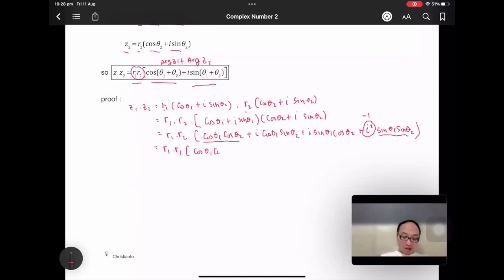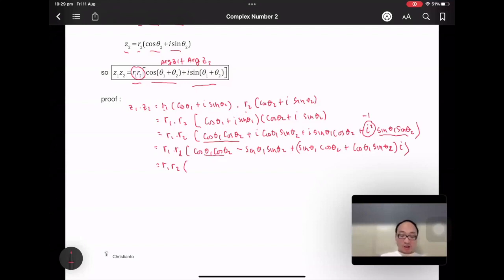And then the imaginary part will be sin theta1 cos theta2, I switch the position, plus cos theta1 sin theta2, times i. This equals r1 r2 bracket.